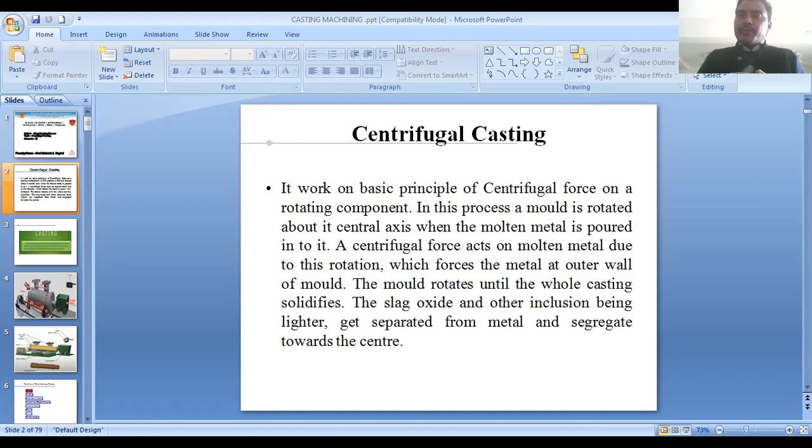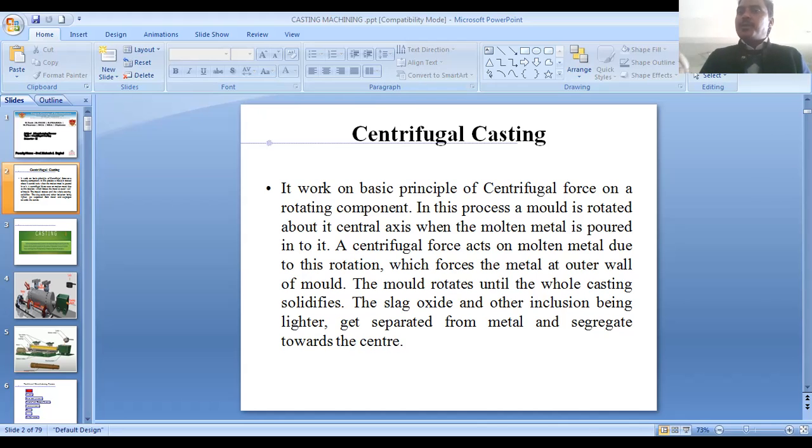So when the mold rotates, a centrifugal force acts on the rotating mold. In this process, a mold is rotated about its central axis when the molten metal is poured into it.